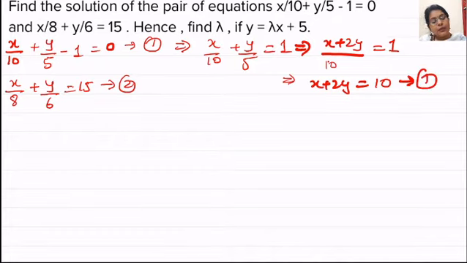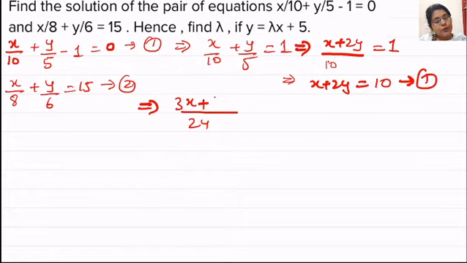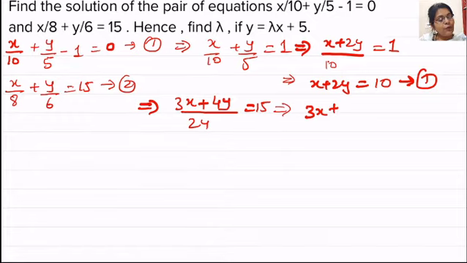In the second equation, we will simply take out the LCM, and the LCM will be 24. 8 into 3 is 24, so 3x, plus 6 into 4 is 24, so 4y, and here this is 15, which implies 3x plus 4y is equal to 15 into 24.